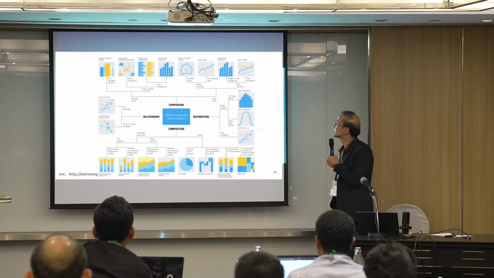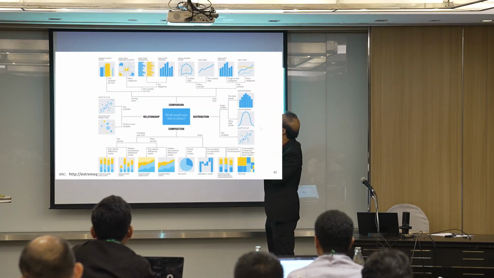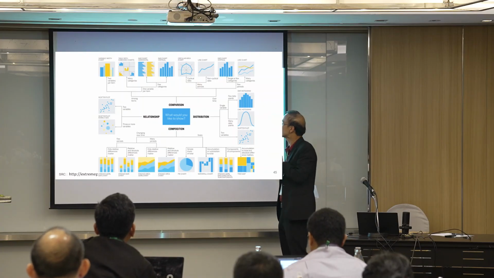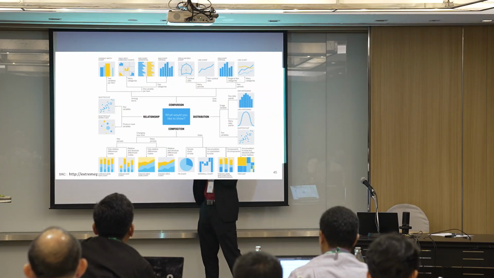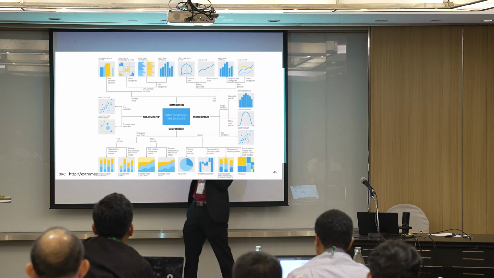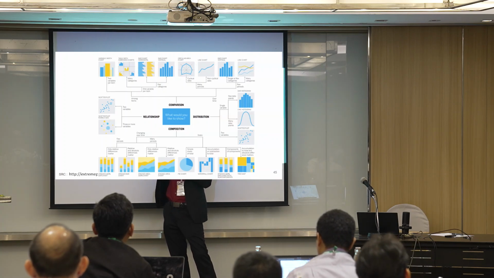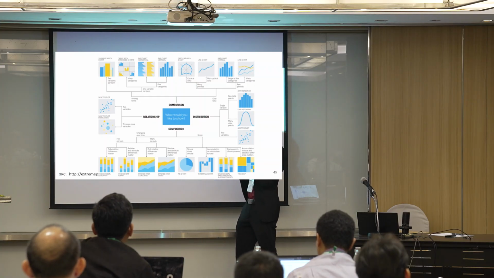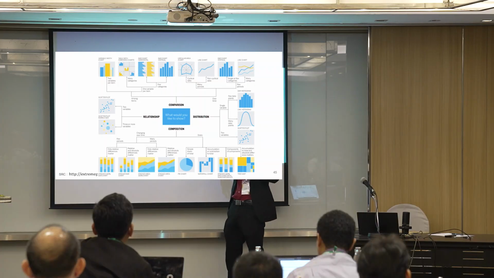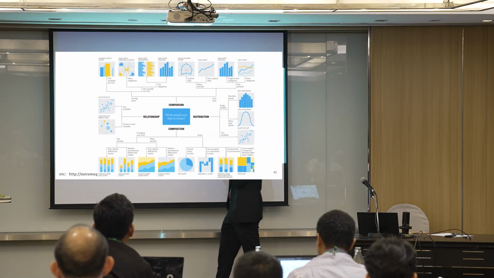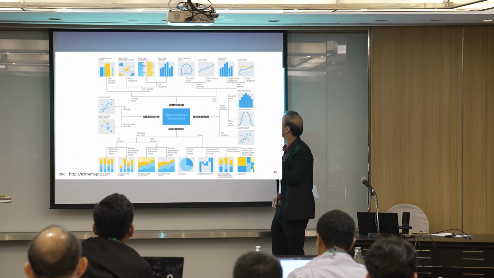And this picture just tries to summarize what type of graph we should use. For example, if you want to find a relationship between two variables, maybe use a scatter plot, right? So you can see the relationship. Or if you want to compare, when you compare numbers, then a bar graph is fine, or even a line graph is fine.